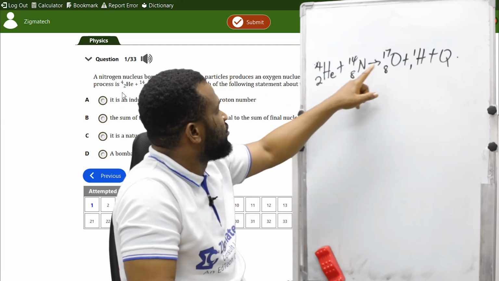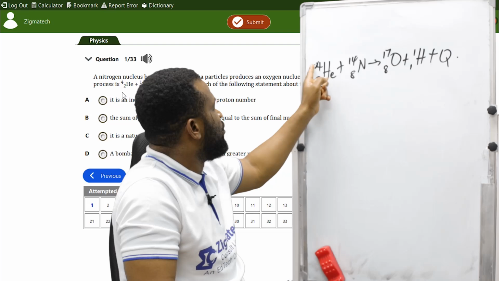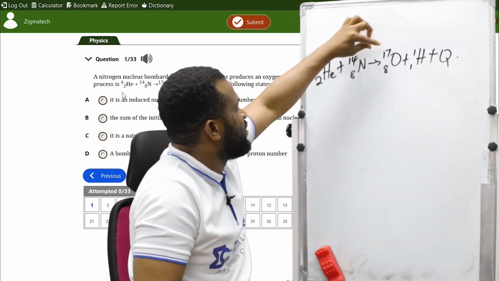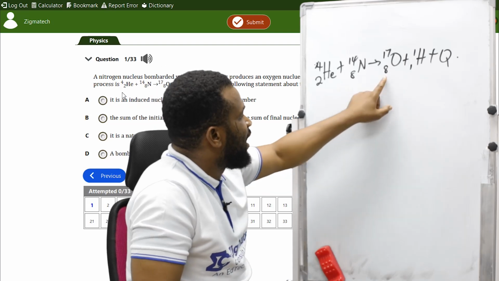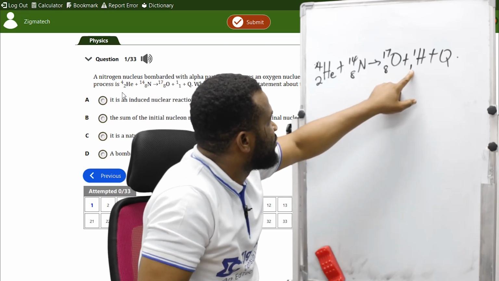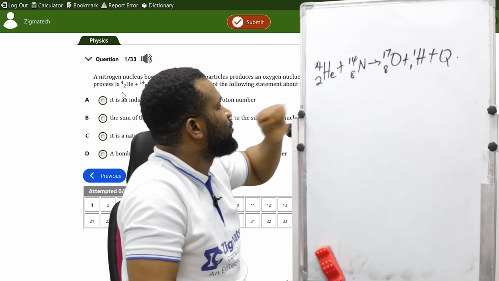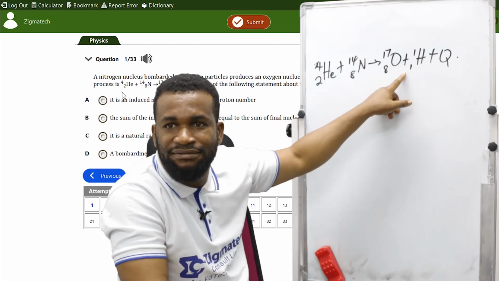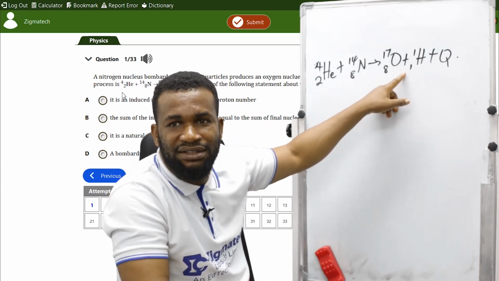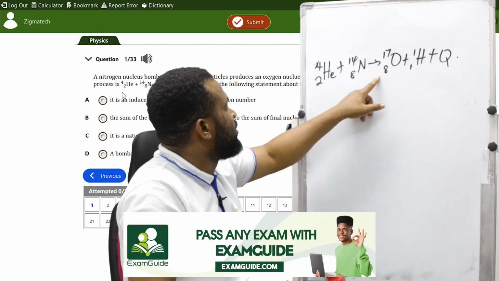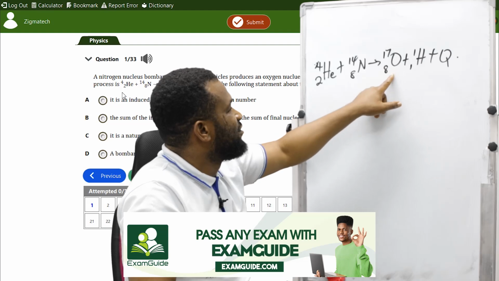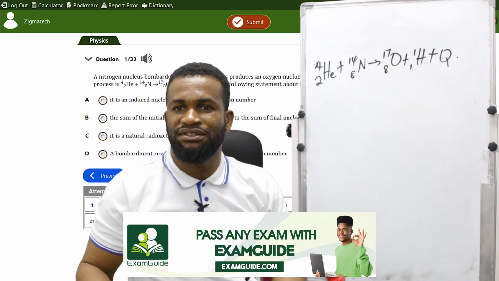This plus this is going to give me 18. So atomic mass, this plus this is 18. This plus this is also 18. That is correct. This plus this is 10, and this plus this is not complete. So something is missing here. We can only balance it. This is not complete. This plus this is 9. But that's not it. Let's look at what the question said.